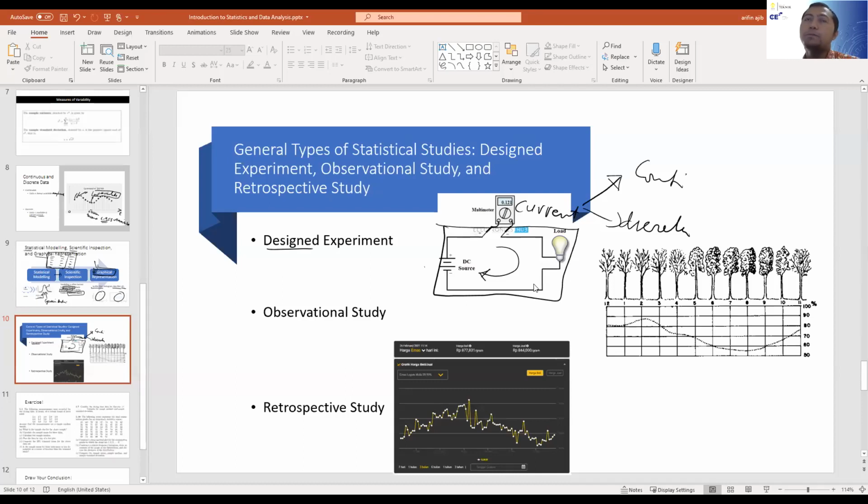For example, we should determine the value of the source. We should determine how many ohms the load is, or we can change it with another load, a capacitor or just a resistor, something like that. So every point here, every sub experiment, we can control and we can change.